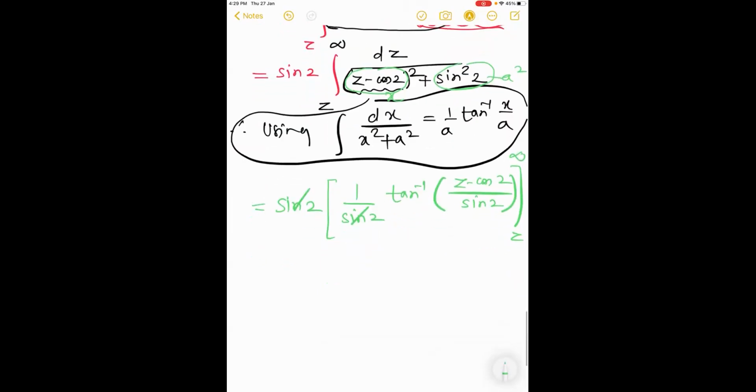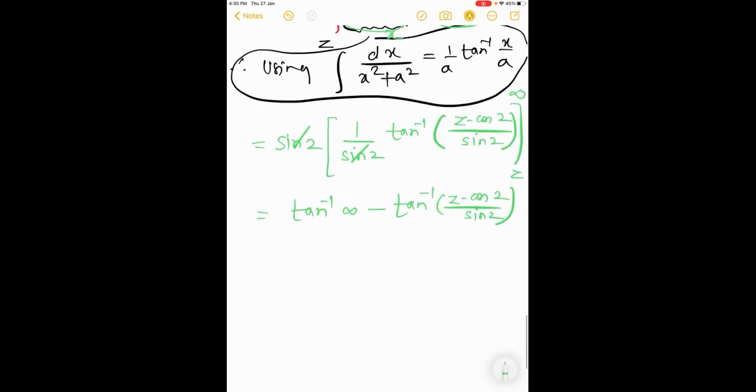Now if you put z equal to infinity, the upper limit, whether you subtract or add something from infinity, it remains infinity only. So the upper limit answer is tan inverse infinity. For the lower limit answer there is a negative sign, and z is the replacement for z only, so that is the same: z minus cos 2 upon sine 2. What is tan inverse infinity? For which angle is the tangent ratio giving answer infinity?